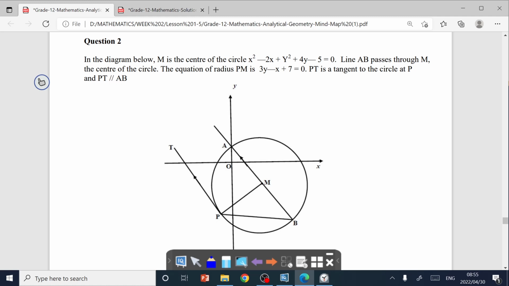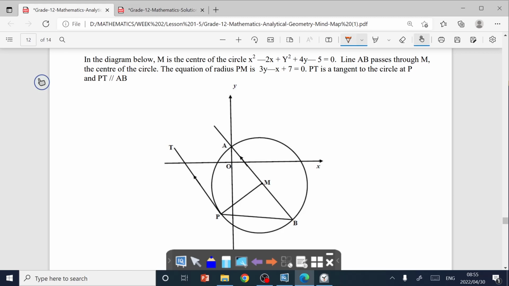Now, where is M? Let's locate M. We have our M here, is our center, right? And M consists of coordinates. What are the coordinates of M?